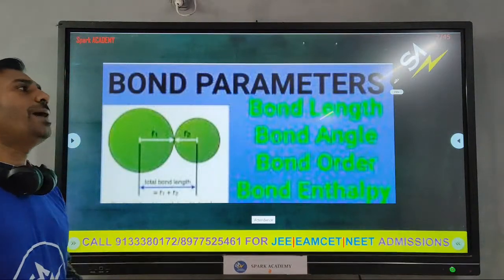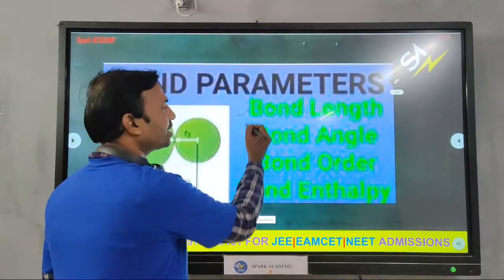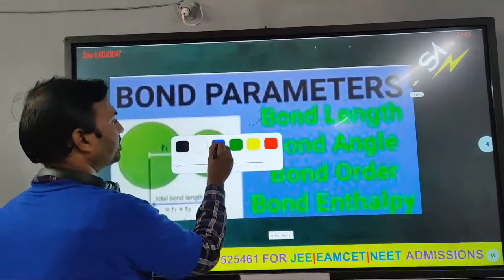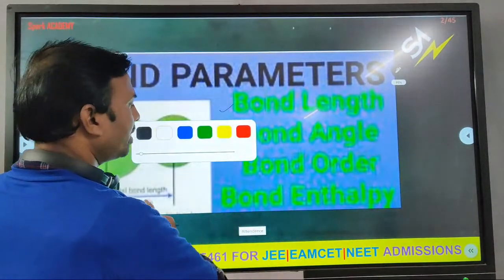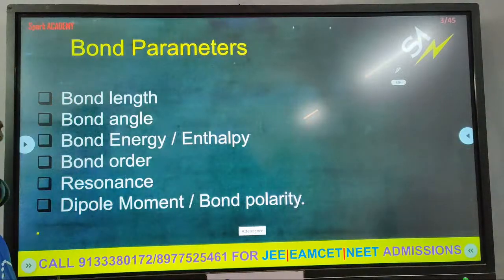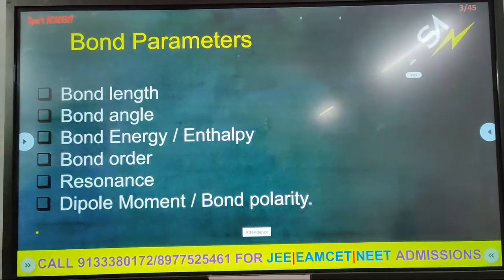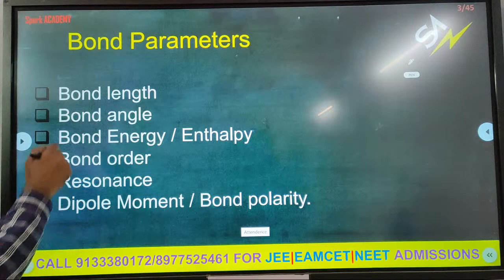Bond parameters are bond length, bond angle, bond order, bond enthalpy. So the parameters which are present in a bond and regarding the geometry of the molecule are called bond parameters.